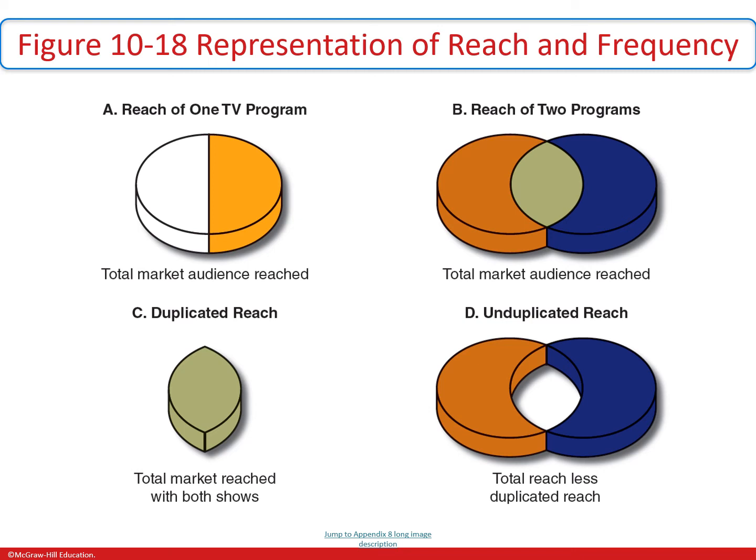Yes, there is some duplicated reach, which is the green segment in figure B, which is isolated in figure C. But pull out that duplicated reach and look at the unduplicated reach there, which is again much greater than figure A, right? So this is why, for example, we don't put all our eggs in one single basket, right?